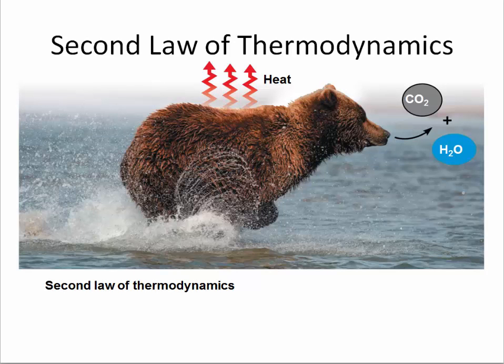So here, what you see is the same bear, and he is eating his fish. And now he's transforming that chemical energy, which was potential, into metabolic energy. So he's keeping his body temperature constant, which has been given off as heat. And he's breathing in oxygen, breathing out carbon dioxide and water. So here we are looking at the second law of thermodynamics, where heat from his body is just lost to the surroundings, and he can never get that back.